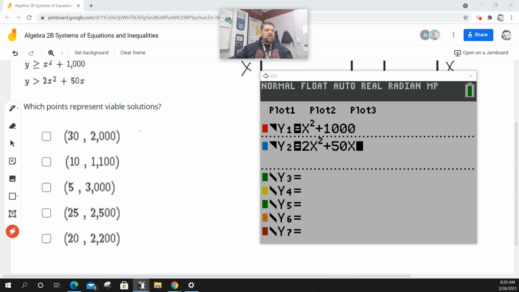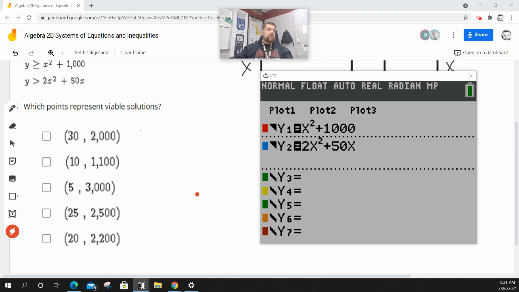Okay. Now where this comes from is the perimeter of the fence for both fences and the area that the one field needs to be. So this is the inequality for the area of the square, and this is the inequality for the perimeter of the fence.